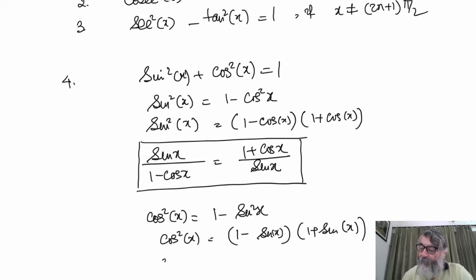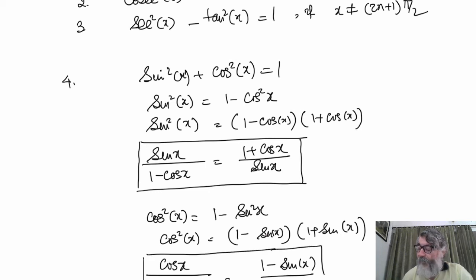So I can write this as cos x upon 1 plus sin x is equal to 1 minus sin x upon cos x, on the same basis like we have written here. Just for manipulations, it will be very important.